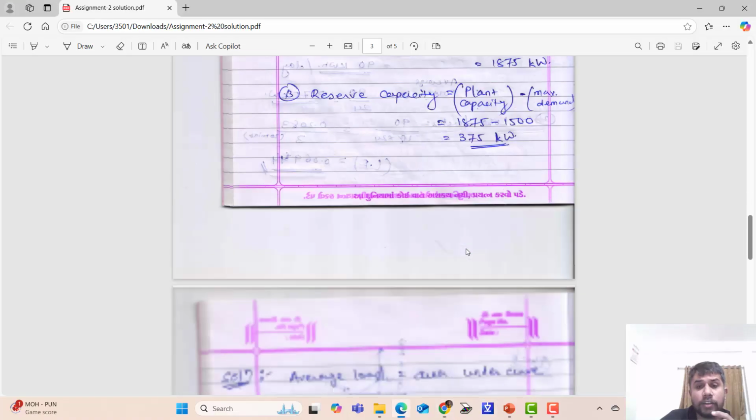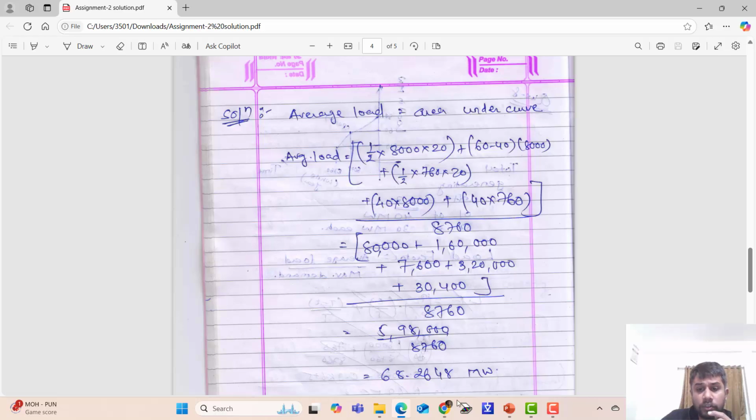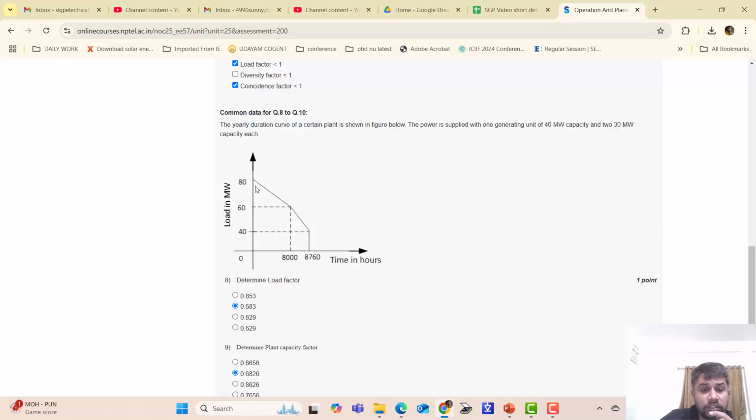The load factor can be calculated with the average load, that is, the area under the load curve. So this is the area: this is a triangle, this is a square, and it is again a triangle, and then there are one rectangle and one square.